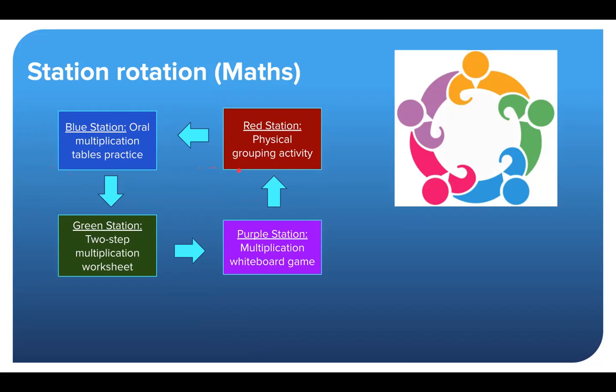Your reader-writer learners could have a 2-step multiplication worksheet to complete, and your kinesthetic learners could have a multiplication whiteboard game that they could do. So this really helps for all of your learners to learn multiplication in a number of different ways.